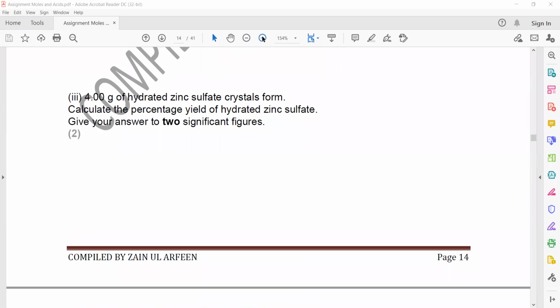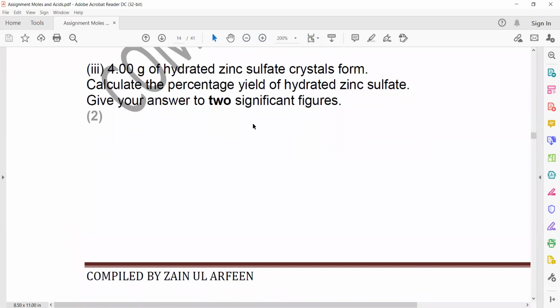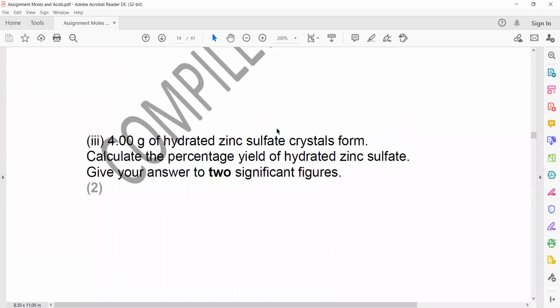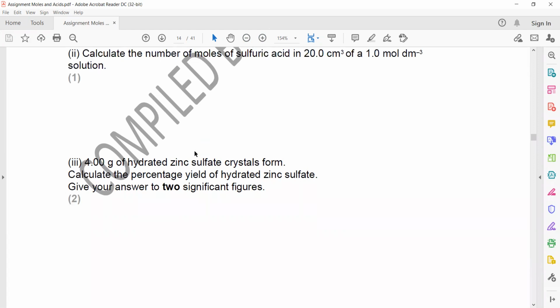4 gram of hydrated zinc sulfate crystals forms. Calculate the percentage yield. So we need the practical values given. Theoretically, we have to work out how much mass of zinc sulfate is there. So we use the equation: zinc reacting with sulfuric acid, H2SO4, gives zinc sulfate plus hydrogen.